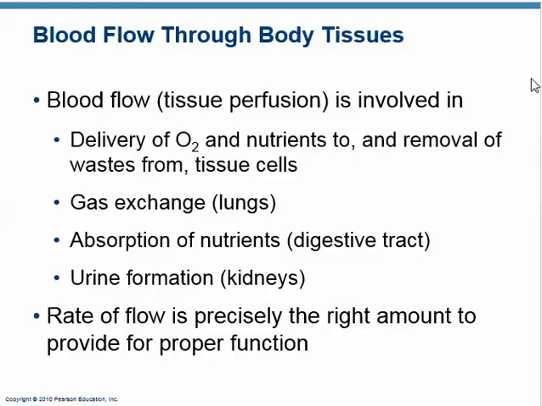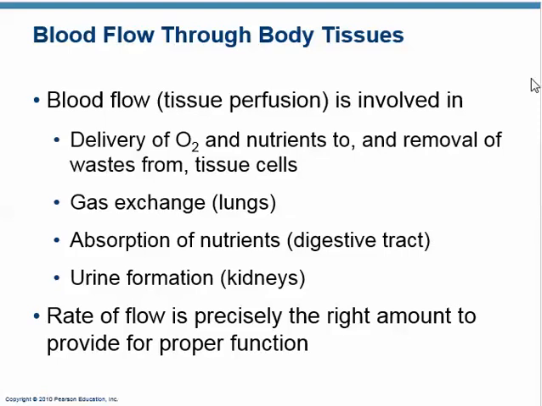As we talked about before with the respiratory system, perfusion is the amount of blood flow to a tissue. It's about delivery of oxygen and nutrients and removal of waste from those tissue cells. We talked about external respiration, the gas exchange with the lungs. The same sort of thing happens with absorption of nutrients in the digestive tract and formation of urine in the kidneys.